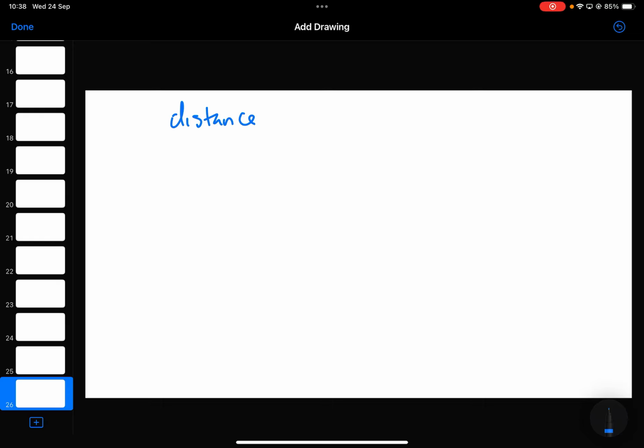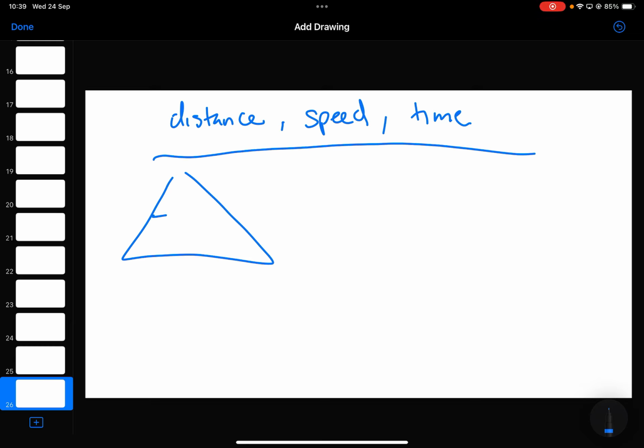Last topic that I want to go through: distance, speed, and time. The relationship between distance, speed, and time. One way that I share with you all is your triangle DST.